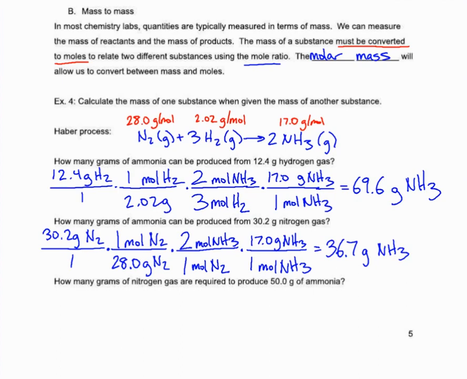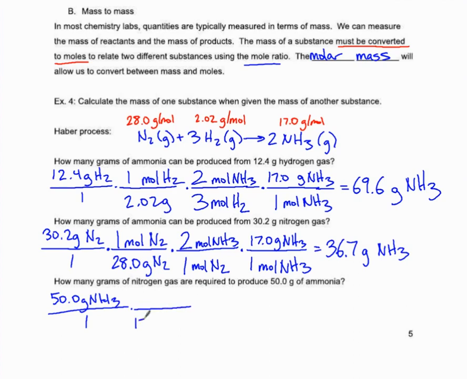The next one is a little bit different, but they work exactly the same. In this instance, we have 50 grams of ammonia, and so we know how much product we want, more than likely. And we want to know how much of the ingredients, or how much of the nitrogen gas, this is going to take.